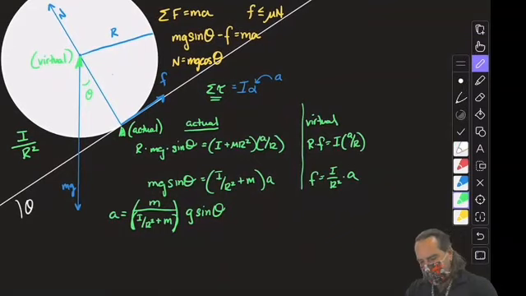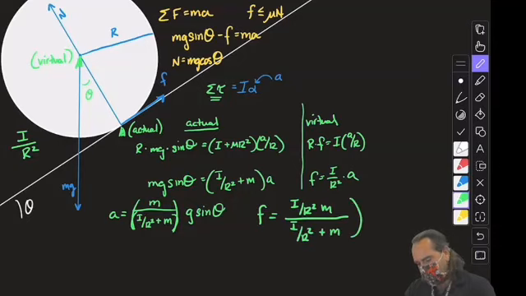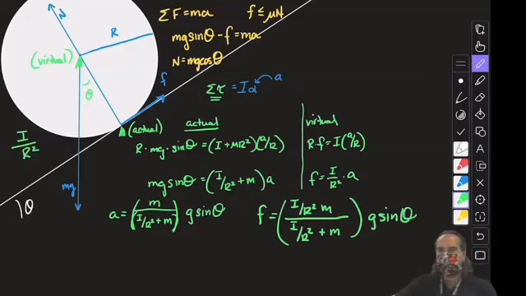So when I substitute, this is going to make for something a little bit odd, and bear with me. We've seen something like this before, but it's been a long time. I have IR squared times m in the numerator, and IR squared plus m in the denominator.